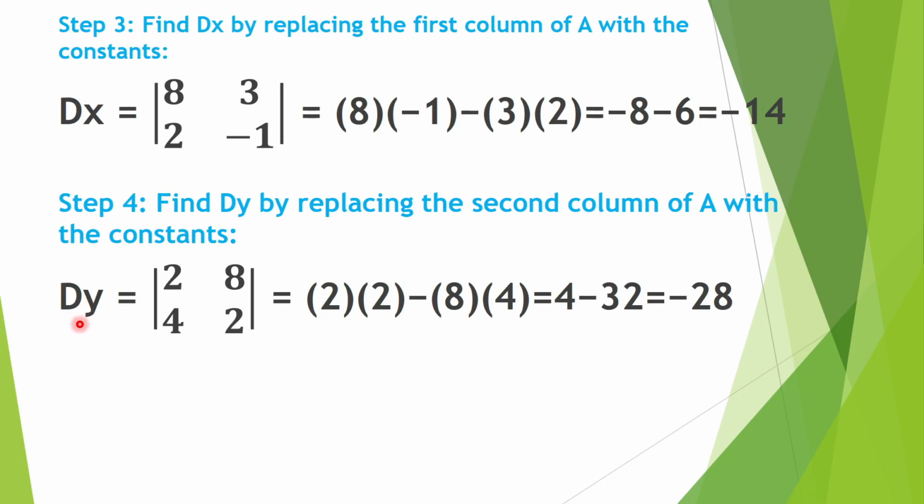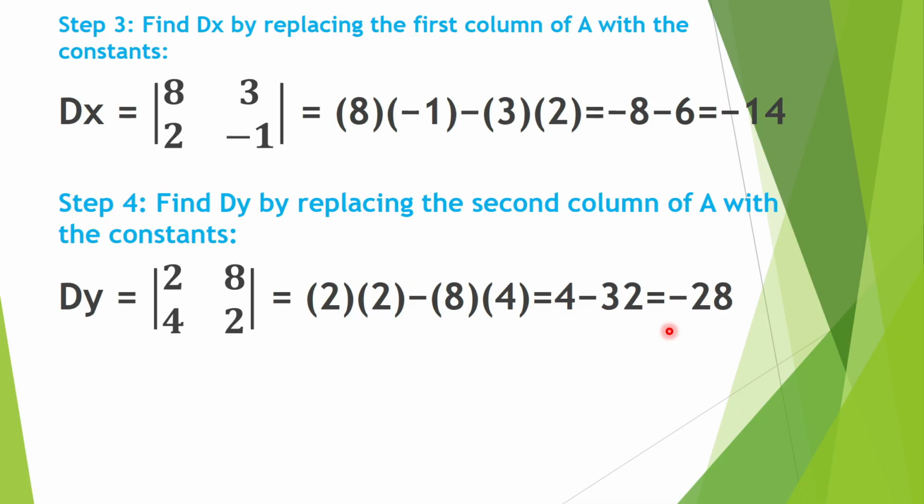So now we will find Dy. We multiply 2 multiplied by 2, and then in the middle minus, and 8 multiplied by 4. So 2 multiplied by 2 equal to 4, minus 8 multiplied by 4 equal to 32. So 4 minus 32 equal to minus 28.